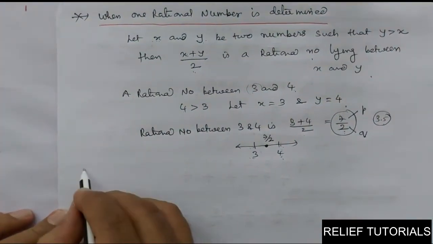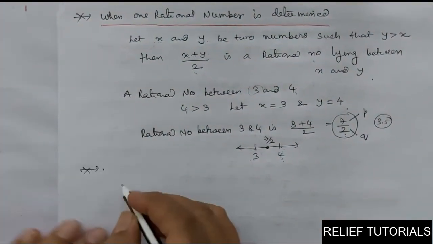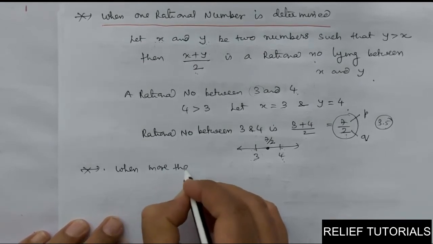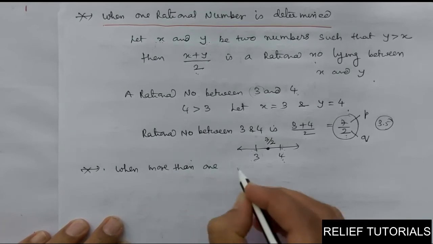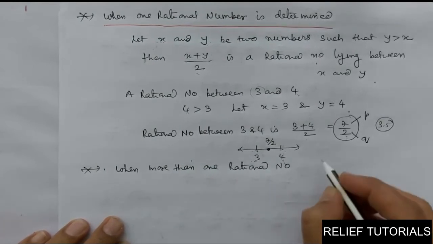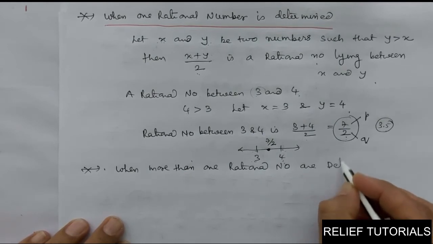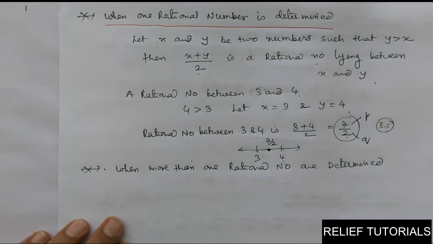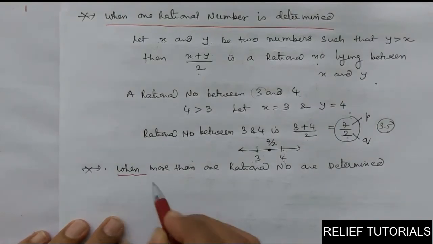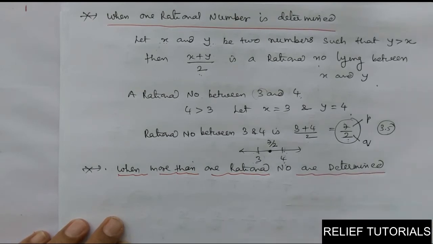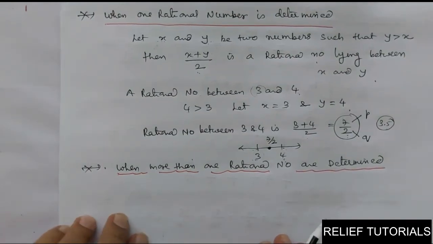Now, when more than one rational number is to be determined, if you want to determine more than one rational number lying between two numbers, what is the theory? How can we find them?